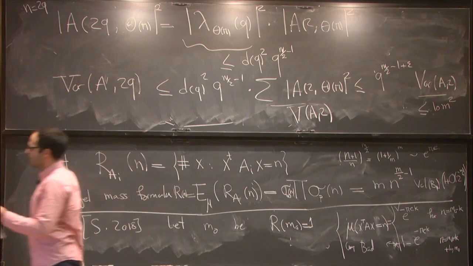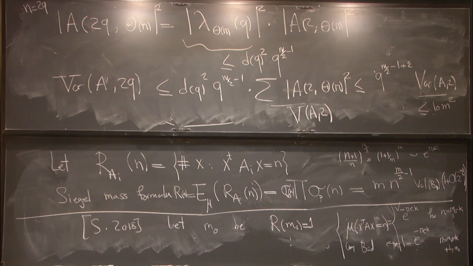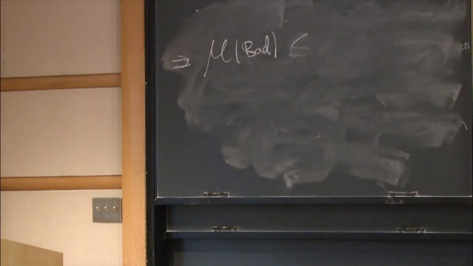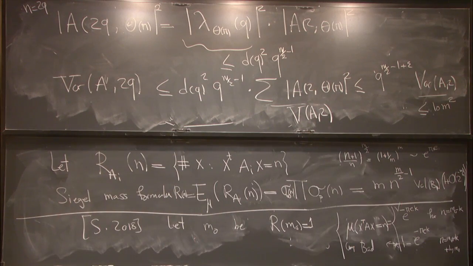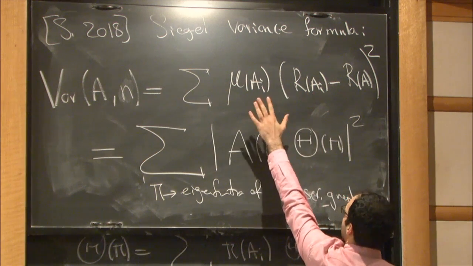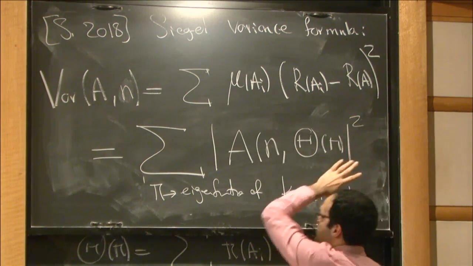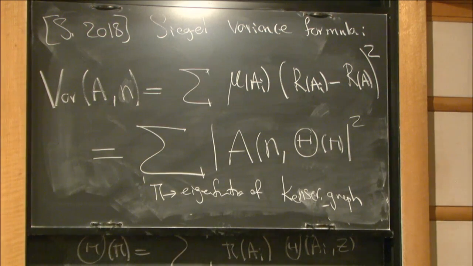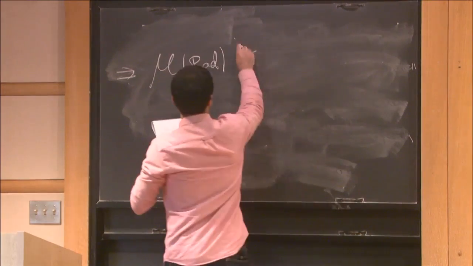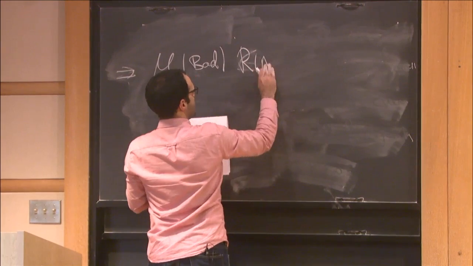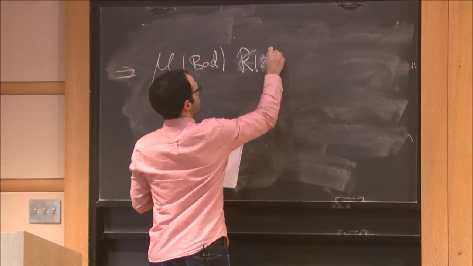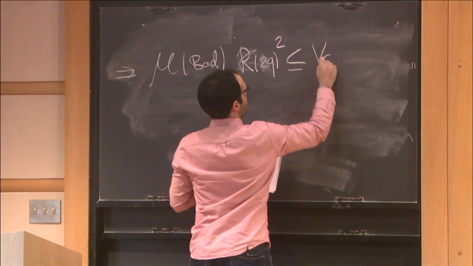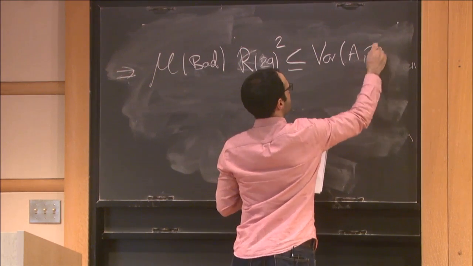So the measure of mu bad is less than or equal to, if I don't represent, then in the variance sum, this is 0. And the variance is bigger than mu bad times r_A squared. So r_n 2q squared is less than the variance of A and 2q.